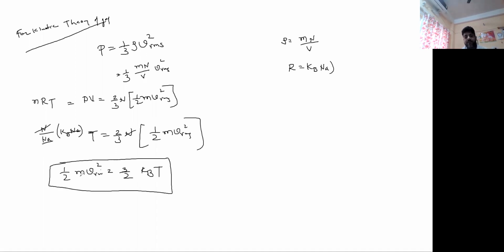देखो ये जो half kinetic energy है for monoatomic gas, monoatomic gas can be moved along the x-axis, can be moved along the y-axis, can be moved along the z-axis.